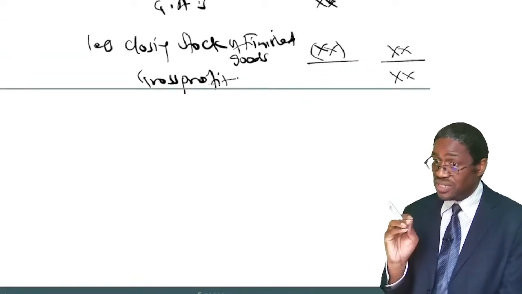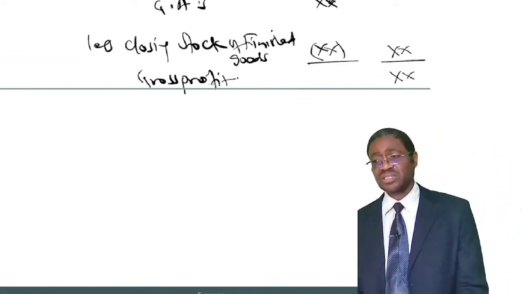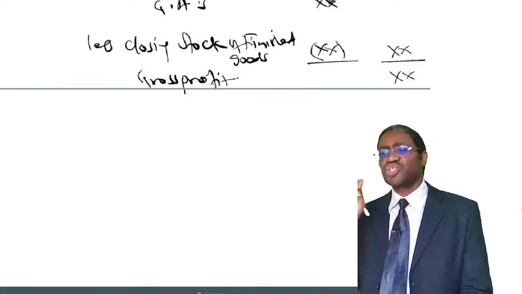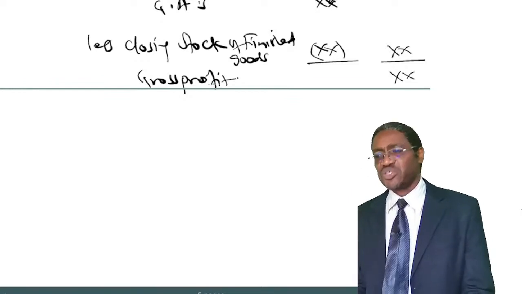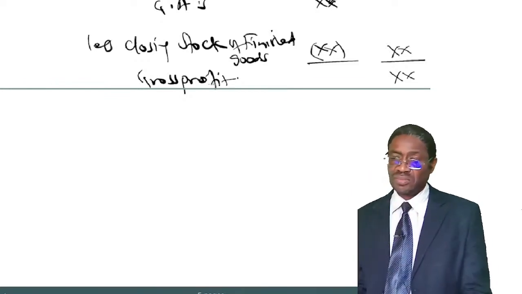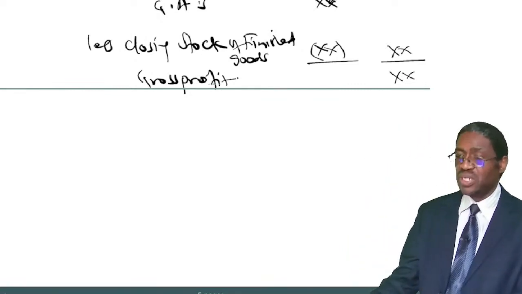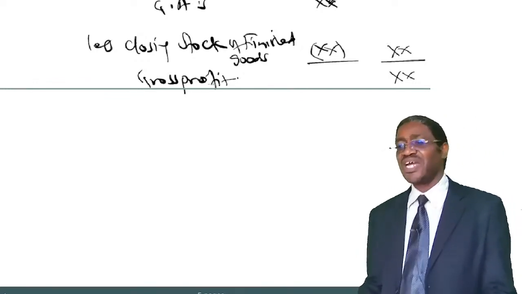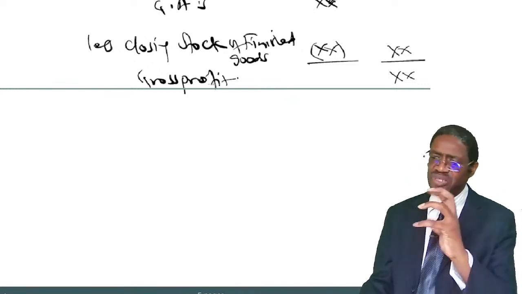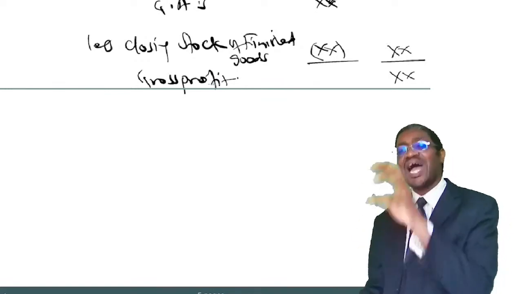But listen, as far as a manufacturing business is concerned, the expenses should be classified according to their function. In other words, are they performing an administration function, or are they performing a selling and distribution function?